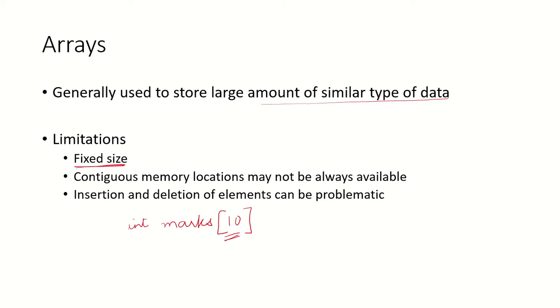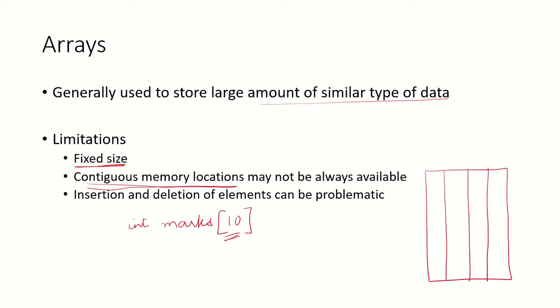Also, since they are using contiguous memory locations, it means that if this is the memory and these are the memory locations, and this is the first location of the first element of the array, then the next location is here, then the next is here.